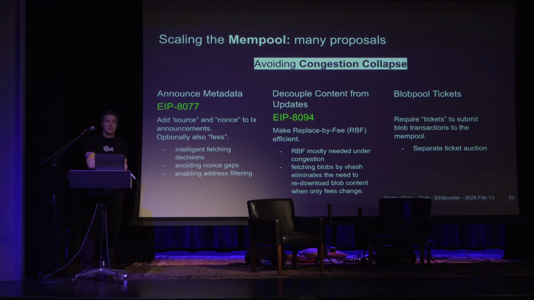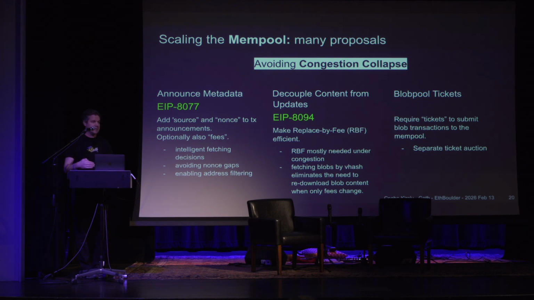Then there's the second one, which is a specific kind of congestion collapse. We have this mechanism which is called replace by fee. So you send, and this is specific for blobs, you send a blob transaction, and then you have to replace it. You have to substitute it, and it's typically because you have to give different fee caps. Why do you have to do that? Because the market fee is not what you were thinking it would be.